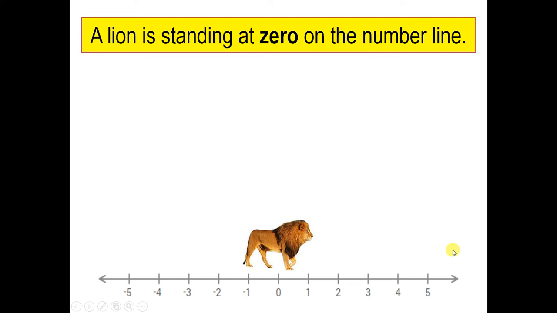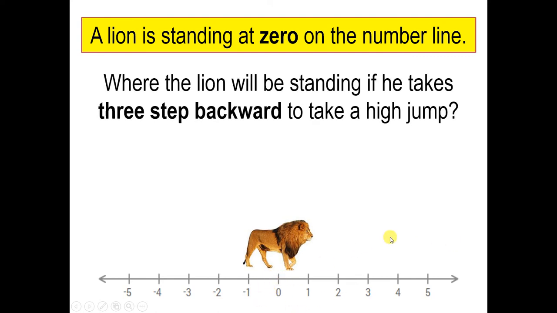Suppose a line is standing at 0 on the number line, as you can see. Now I am asking you where the line will be standing if it takes 3 steps backward to take a high jump. If the line wants to take a high jump, he first takes some steps backward. Now if he is standing at 0 and takes 3 steps backward, where will he be standing?